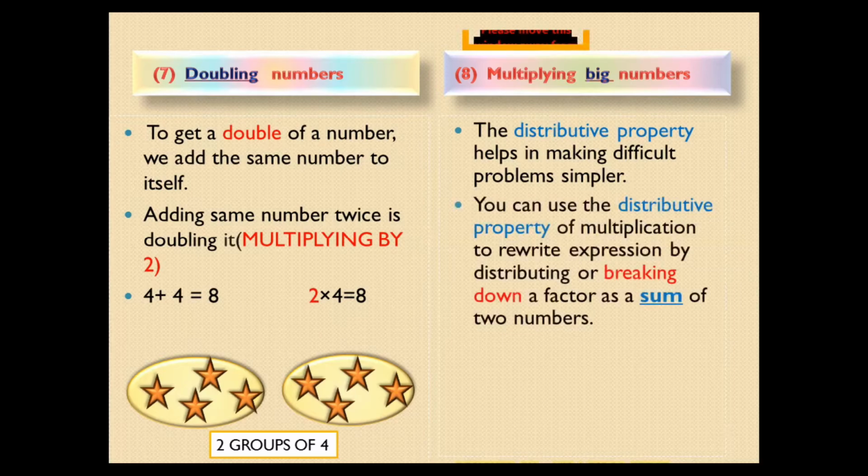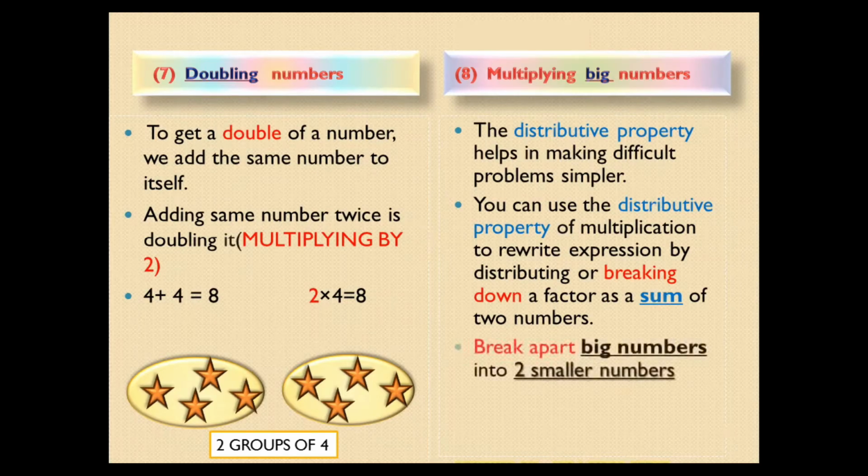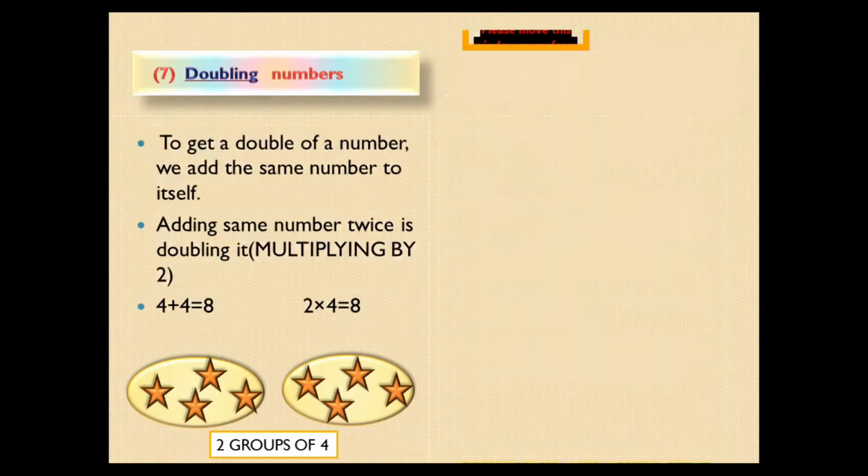You can use the distributive property of multiplication to rewrite an expression by distributing or breaking down a factor as a sum of two numbers. Breaking apart big numbers into two smaller numbers helps us find the product more easily. Let's see examples.